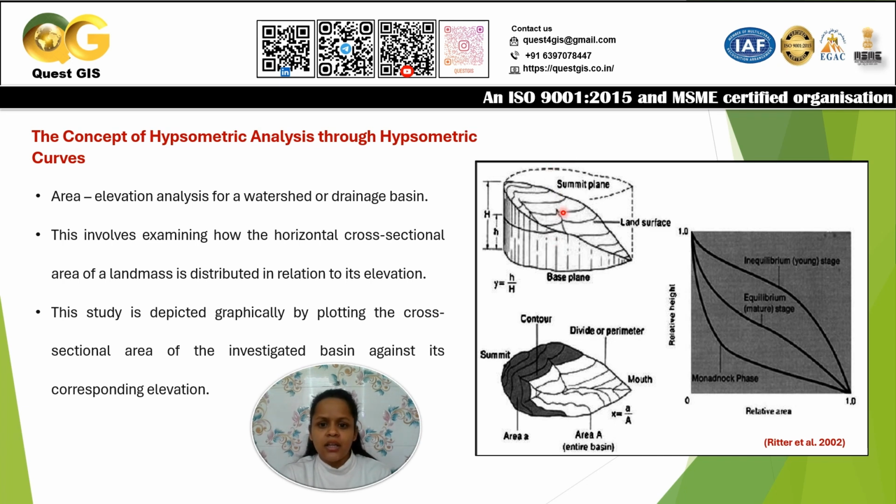This study is depicted graphically by plotting the cross-sectional area of the investigated basin against its corresponding elevation. We will understand what it signifies and why we need to calculate it, one by one.